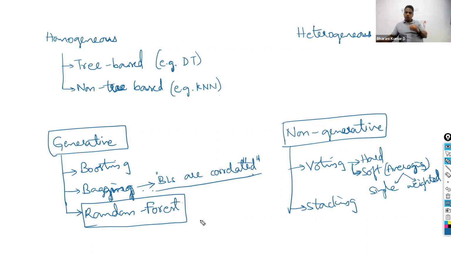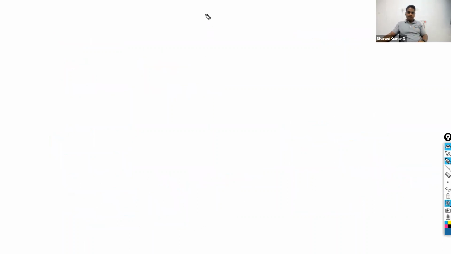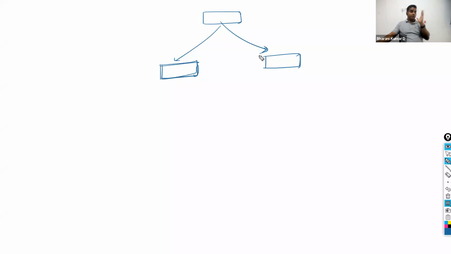What does this random forest do? When you have a tree and when you split it, at each split, random forest is going to randomly select only a few features. Features means what? Columns, inputs, variables, right? So it is going to select at every split, not all.